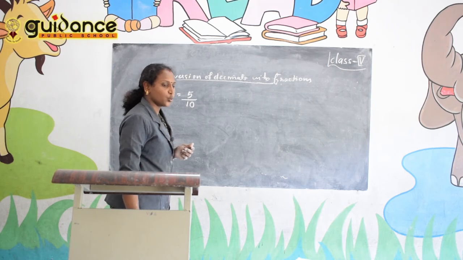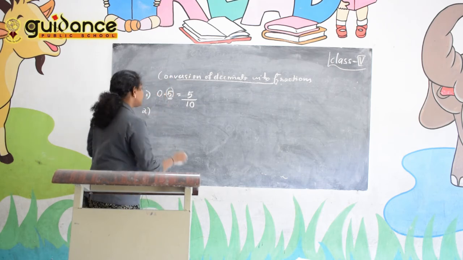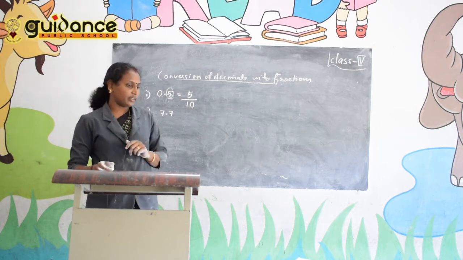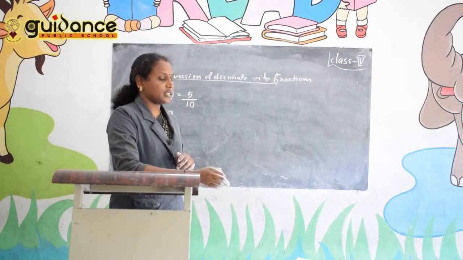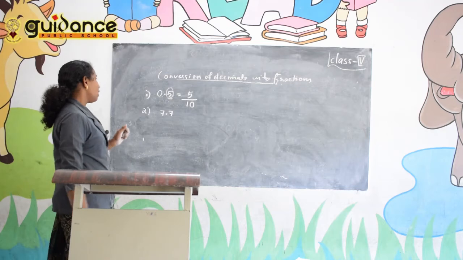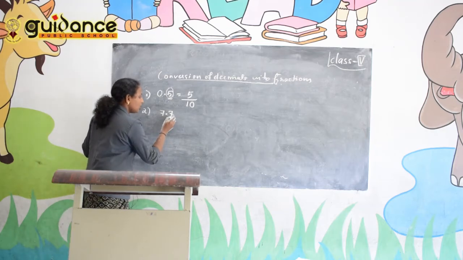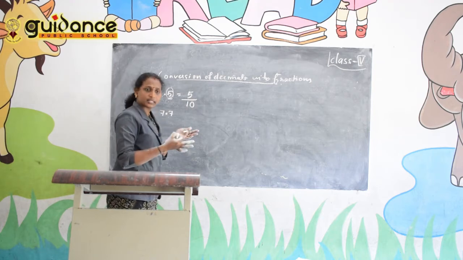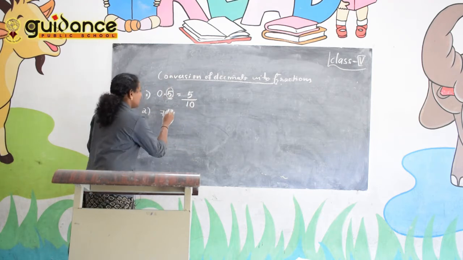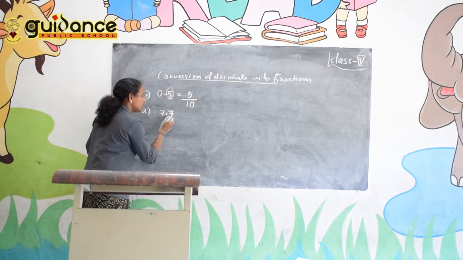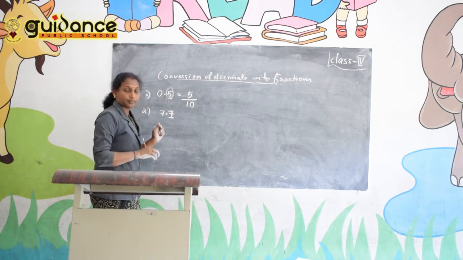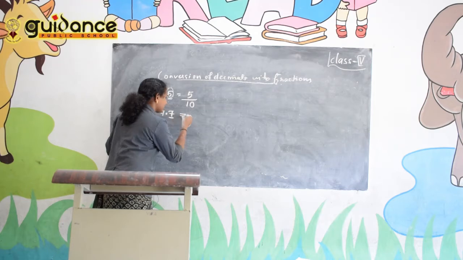Question number 2: 7.7. All of you look at this. We check only how many digits are after the point. It's very easy. The point has only one digit after it.